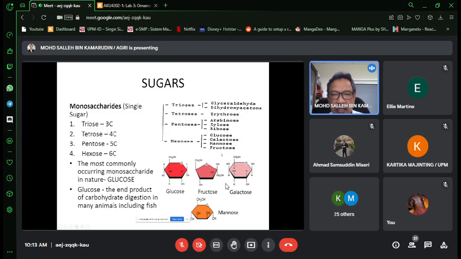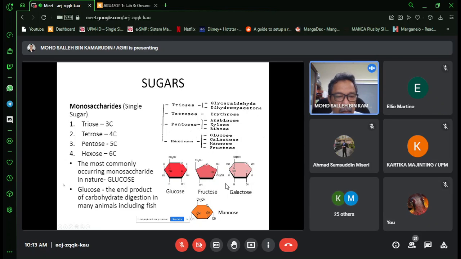These are still sugars. So basically the hexose units are glucose, fructose, galactose, and mannose. All right.